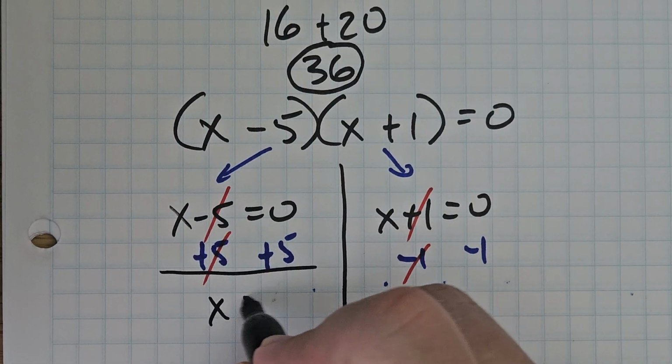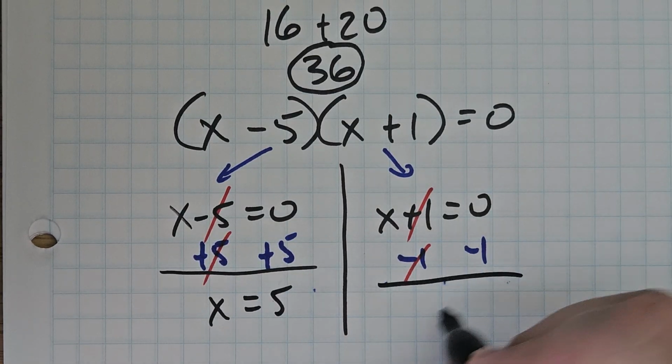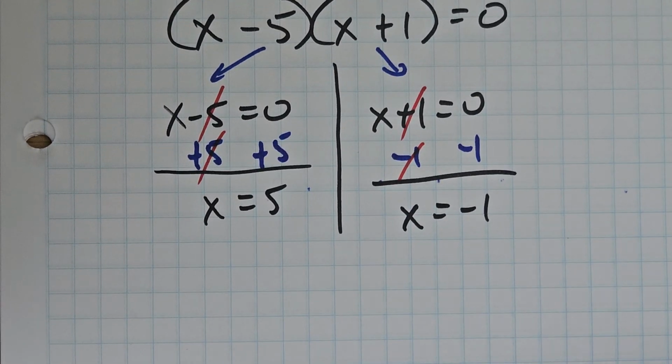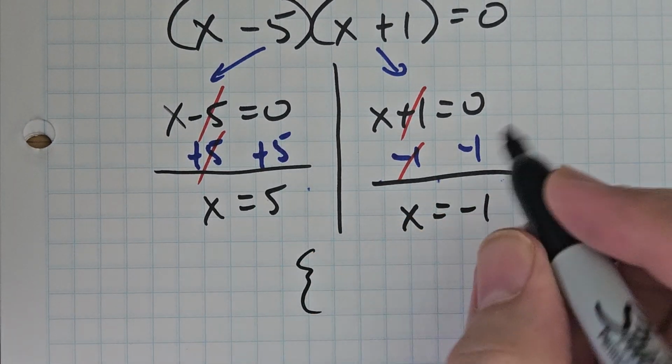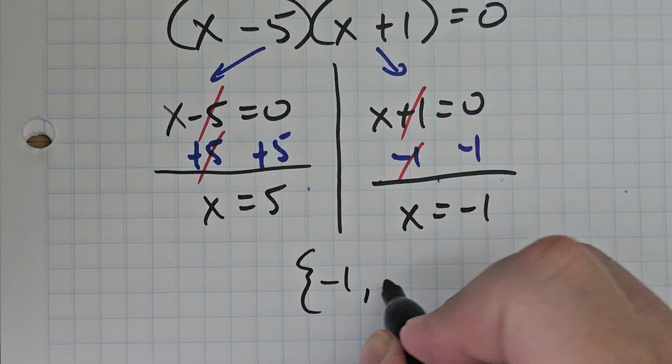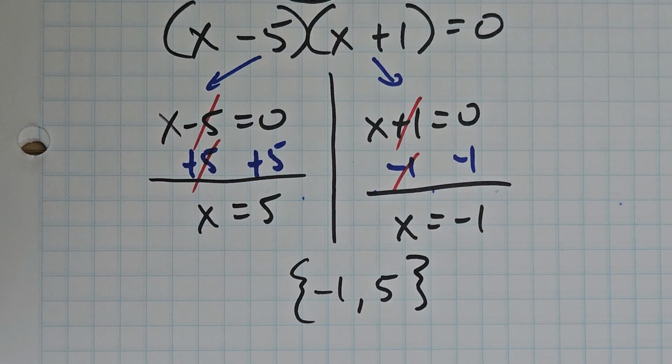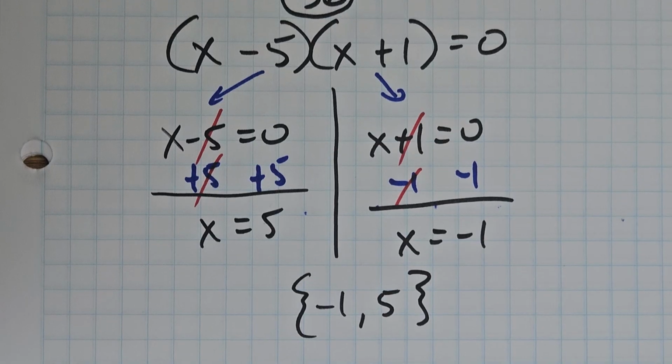And we get x equals 5 and x equals -1. So our solution set contains two solutions, -1 and 5. Technically, we should substitute them both back into the original equation to see if they're true, in case we get any extraneous solutions. But there we go.